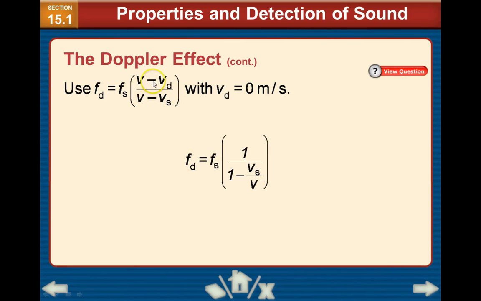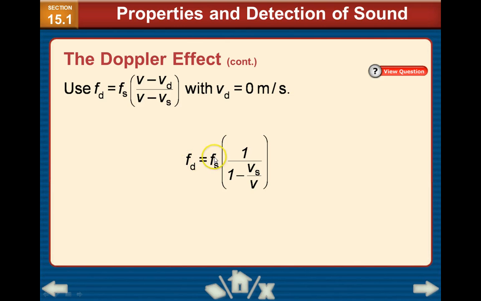We can rearrange things a little bit. If VD equals 0, and we divide top and bottom by V, the velocity in the air, then the numerator goes to 1, and the denominator becomes 1 minus Vs over V. So this is our new equation.